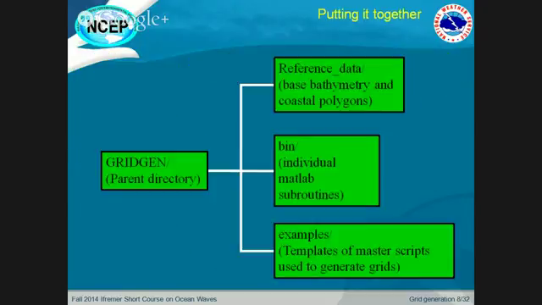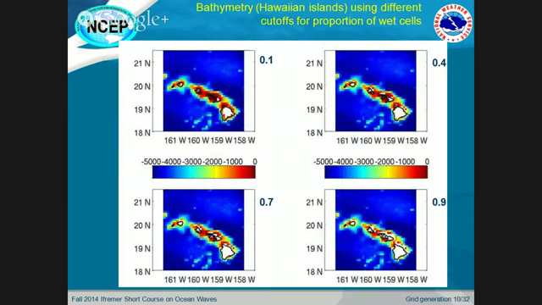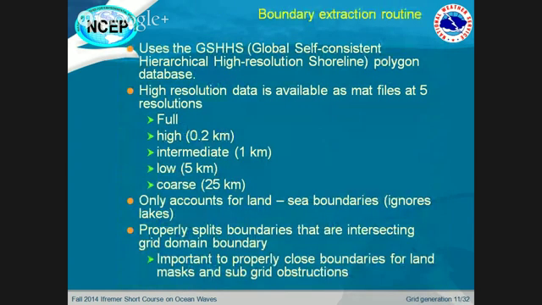The way it fits together, you have a GridGen parent directory, then the data folder with all the data, and the scripts are in bin, and then there's a folder called examples. Typically you will run GridGen in that folder, and you will generate some data there. You can go back to the Arun Chawla paper and get all the details, so I'm not going to spend too much time on that.